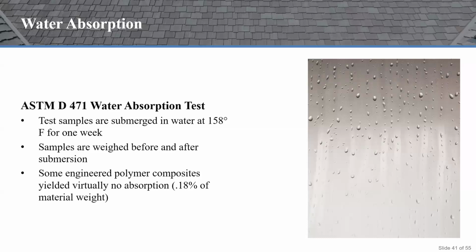So if you utilize a product that has virtually no water absorption, you're going to yield a lot better performance. There are some engineered polymer composites out there that have less than 1%, a fraction of a percent of water absorption, which is huge.